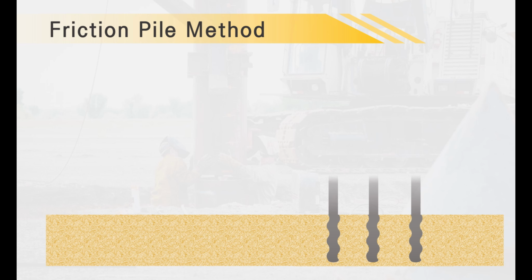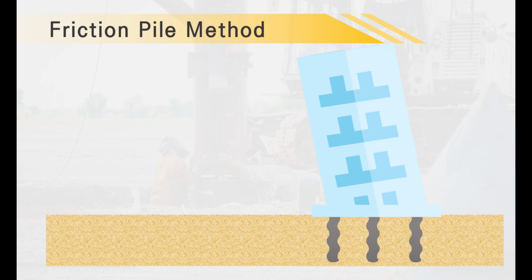The problem occurs here. That is why we had to consider the second point, the leaning shape of the building. In the case of a leaning architecture like ours, friction pile foundation wasn't enough to resist. The overhang occurred due to the upper part of the leaned building.